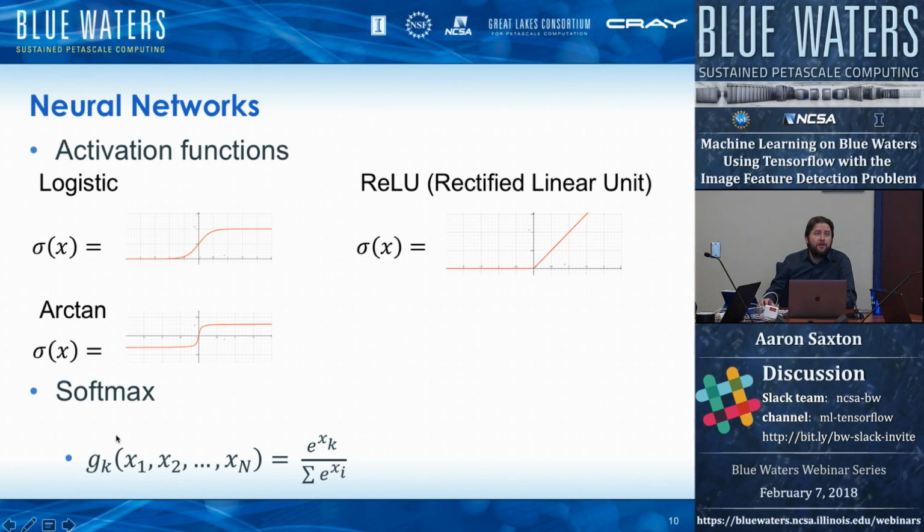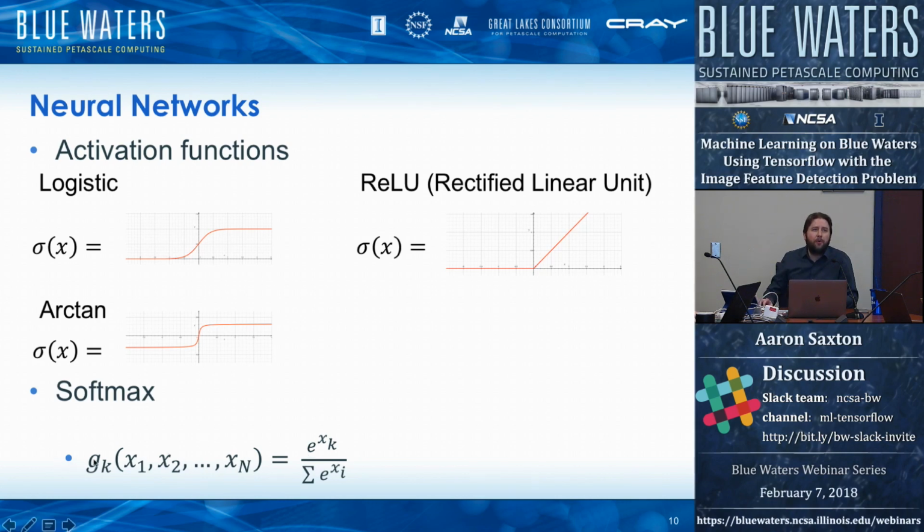The other ingredient to neural networks is something called a softmax. This is a way of normalizing data on the output layer, which I'll get to in a second. PowerPoint didn't format the subscripts very well, but basically the kth softmax, if you pass in a big long vector, exponentiates, raises e to all the pieces, and sums them all up for the denominator, and for the numerator, it just takes the particular component you want.